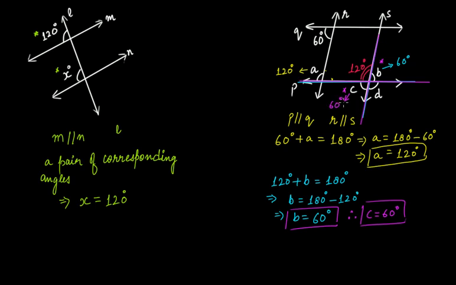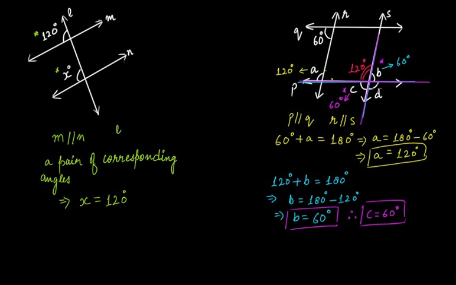Now, if C is 60 degree, then you can clearly see that if you focus on this line and this line, then C and D are forming a linear pair. The common arm, these two non-common arms, this and this angle are adjacent angles forming a linear pair.